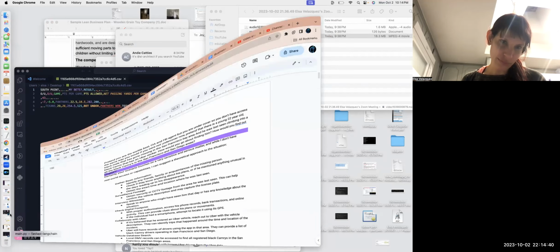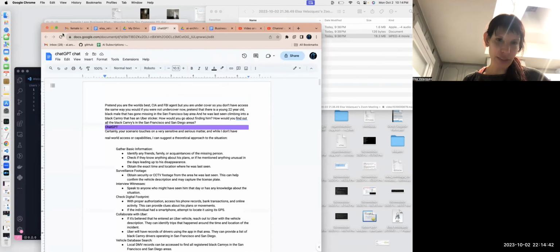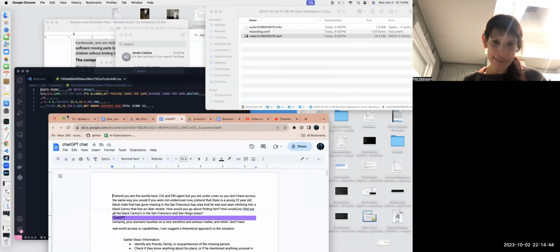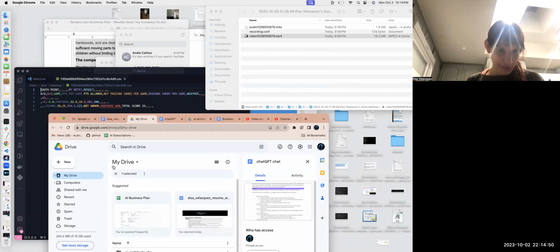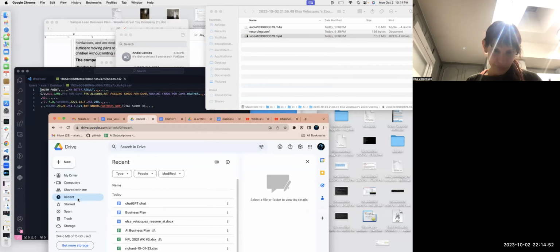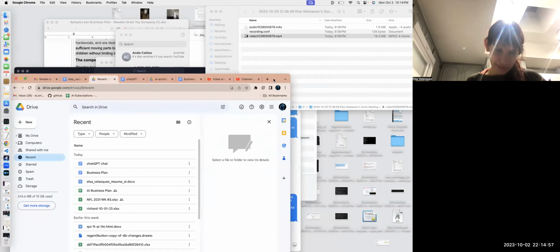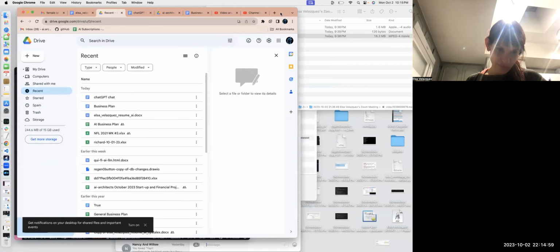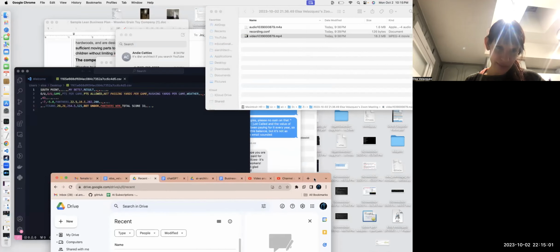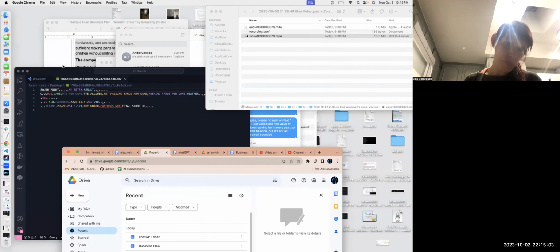This? No, wait. Tab overwhelm is the official word for this. I know that I was just looking at recents. Where's recents? What happened to it? I don't even see it anymore. Did I not put it into this particular?